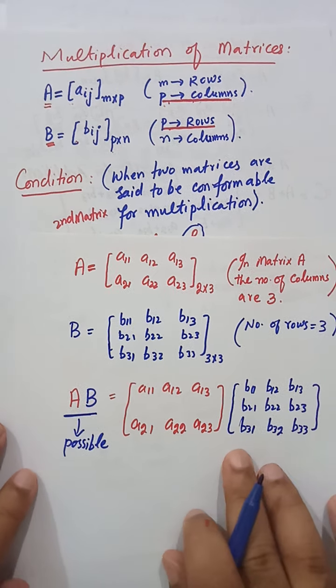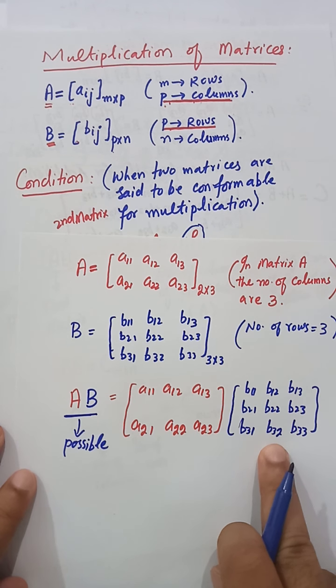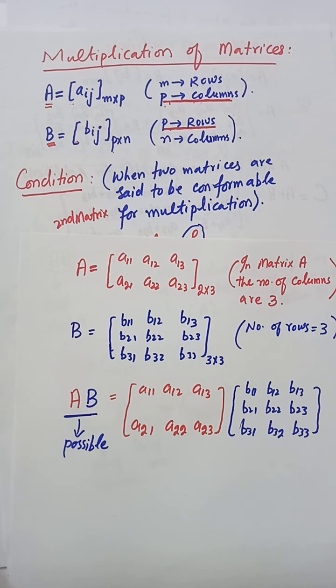This multiplication is possible because here the number of columns is 3 and here the number of rows is 3. So when the number of columns of the first matrix is equal to the number of rows of the second matrix, then multiplication is possible.